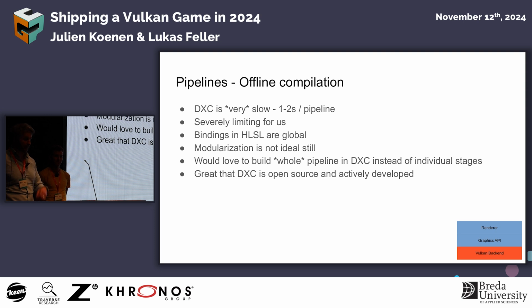Another thing we would love to have for DXC: right now we compile each stage individually, but in GPC we actually have the whole pipeline defined. So ideally we would give DXC the whole pipeline with all these stages, because then we could do cross-stage optimizations, for example, remove inputs to a pipeline or outputs when they are not needed by the following stages.